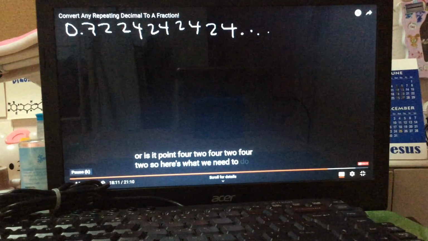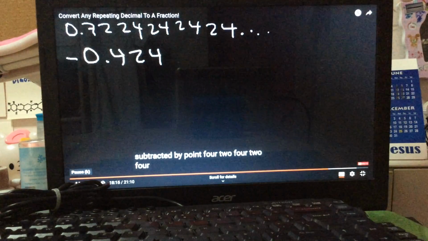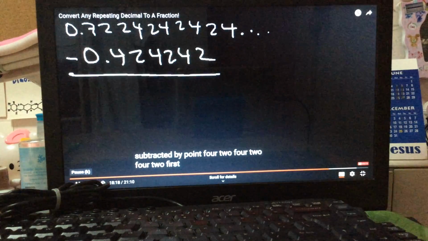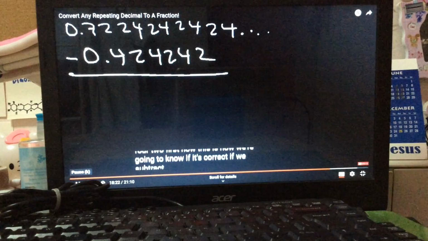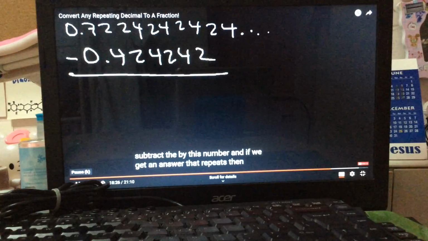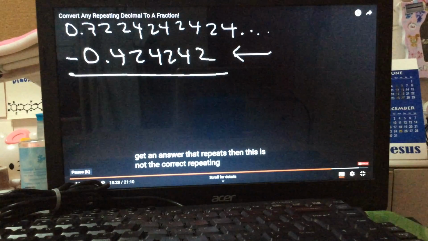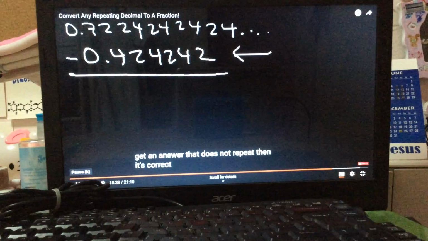So here's what we need to do. Let's subtract it by 0.424242 first. Now this is how we're going to know if it's correct. If we subtract it by this number, and if we get an answer that repeats, then this is not the correct repeating number. If we get an answer that does not repeat, then it's correct.